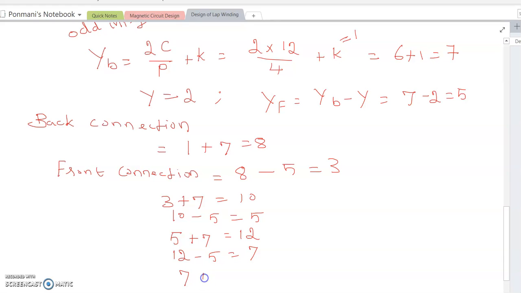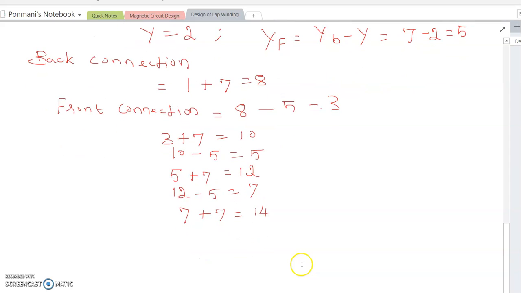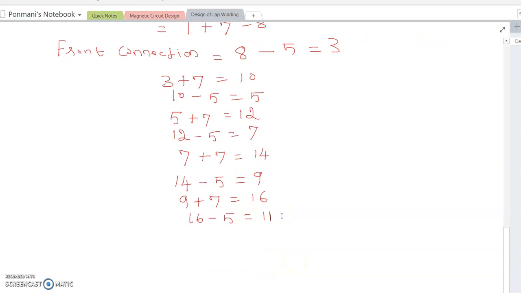Then 7 plus 7 is equal to 14. Then 14 minus 5 is equal to 9. Then 9 plus 7 is equal to 16. And 16 minus 5 is equal to 11. Then 11 plus 7 is equal to 18. 18 minus 5 is equal to 13.